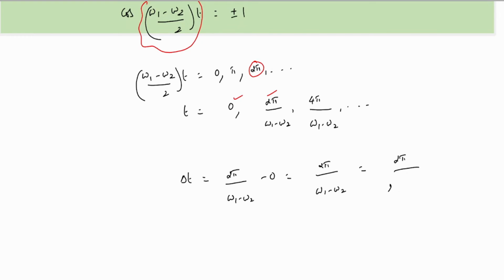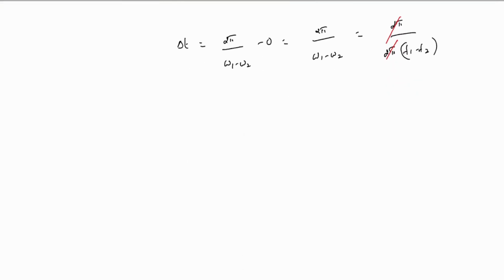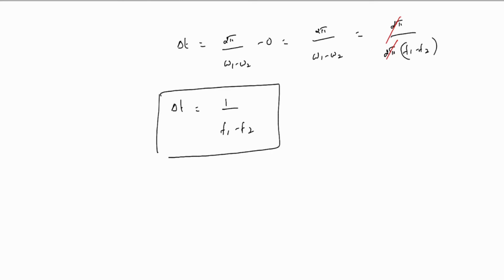You can pull out 2 pi common, leaving f1 minus f2. From here 2 pi gets cancelled. Therefore what we get here is delta t is equal to 1 by f1 minus f2. This is called the beat period, which is basically the time interval between two consecutive maximum intensities.